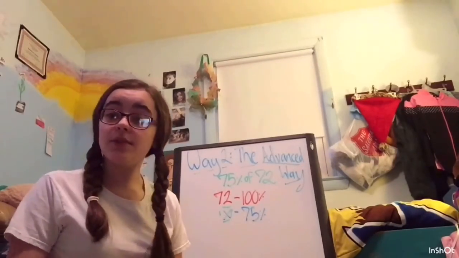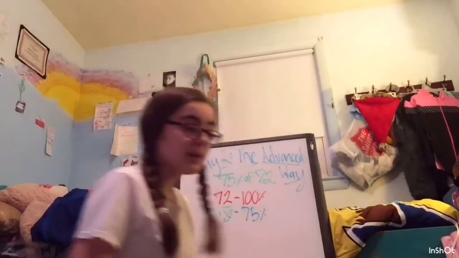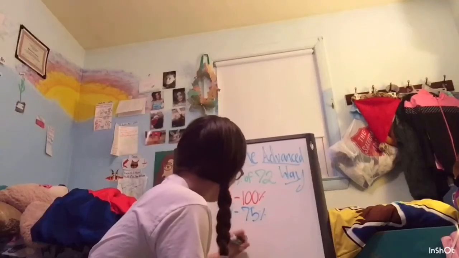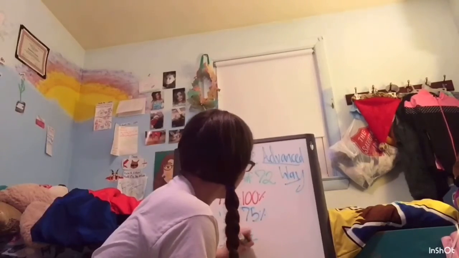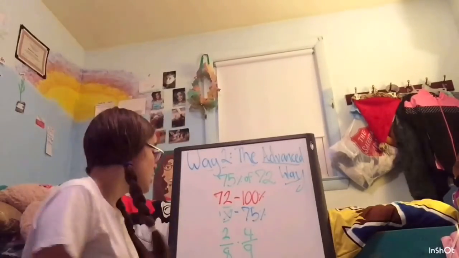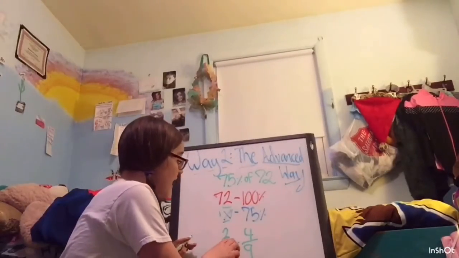Now, if you don't know what cross multiplying is, that's fine. That's basically like taking 4 numbers, let's say 2 over 8 times 4 over 9. Cross multiplying is literally what the name says. You multiply the number by the number that is across it.